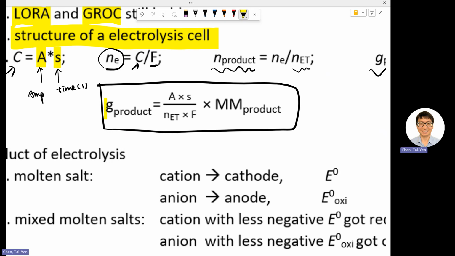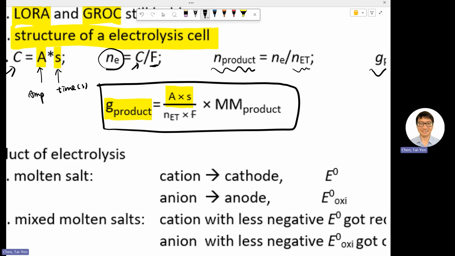Where g product is the grams of product that's going to form on your electrode. It can be calculated by first computing the amps times seconds. That's going to give you the total charge that you're adding to your electrode, right?